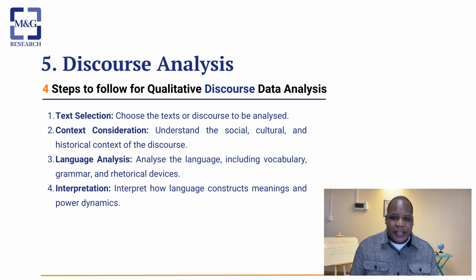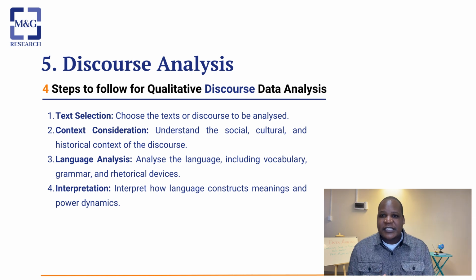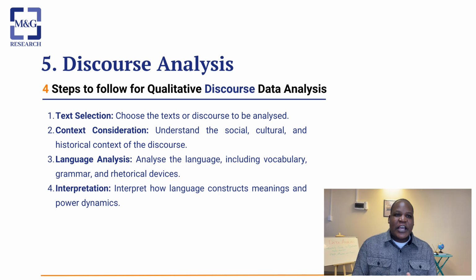So just one critical example that I've been using all along is that whenever you are engaging in a discourse analysis of political speeches, you need to explore how politicians are using the language to frame policy issues, to persuade their audience, and to assert their authority.